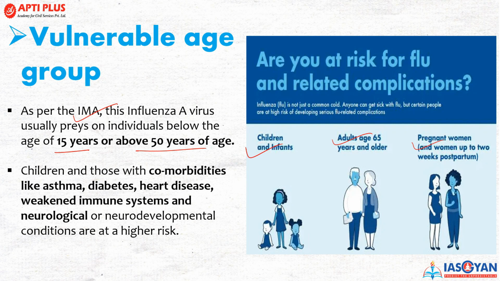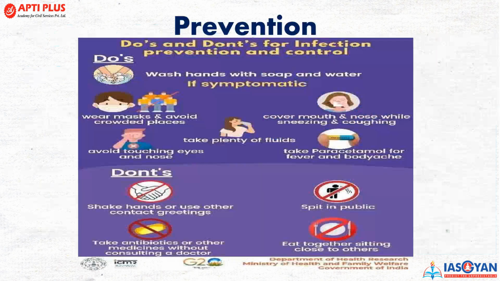Children and those with comorbidities like asthma, diabetes, heart diseases, a weak immune system, neurological disorders and neurodevelopmental conditions are at higher risk. So this is something very important, you can take note of the age groups that are specifically vulnerable.